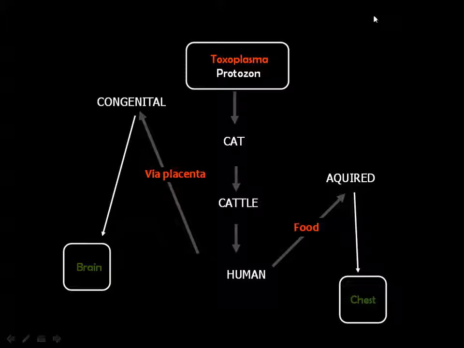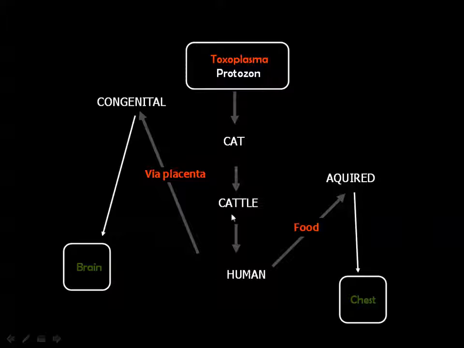And toxoplasma is a protozoon which is usually transmitted to cat, then to the cattle, then to the human. And if it is transmitted through the food, it will result in acquired toxoplasma infection, which will affect the chest.